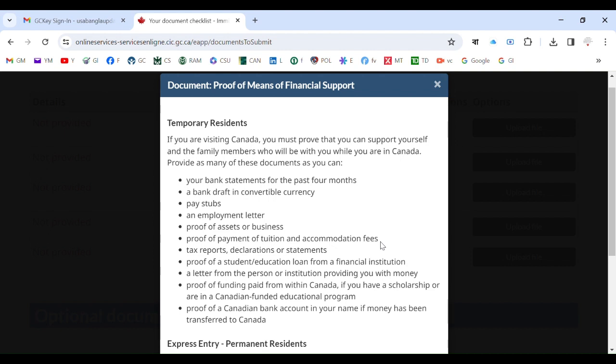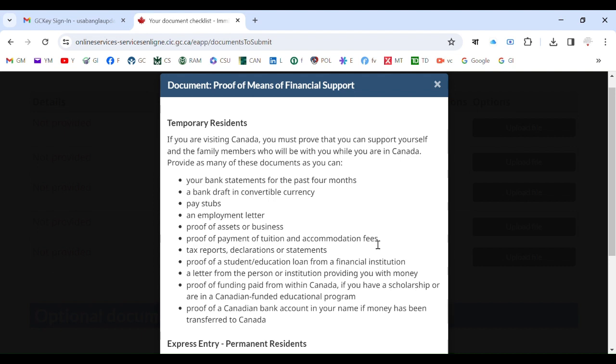Like if you have already paid 20,000 Canadian dollars for your tuition and accommodation, while the fees for your entire study program are like 60,000 or 70,000 Canadian dollars, so you have already paid a good portion of it. That will make a great impression on the Canadian visa officer. So it is an even stronger thing.